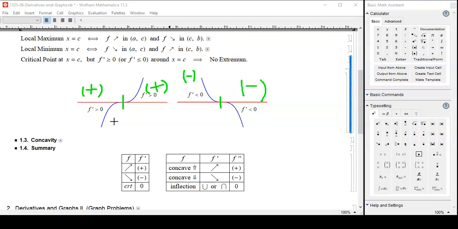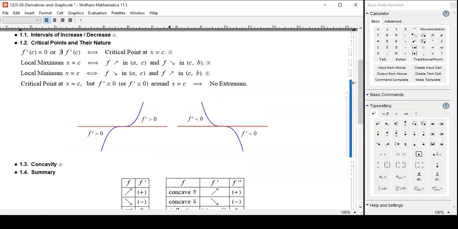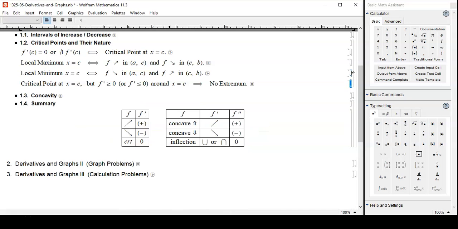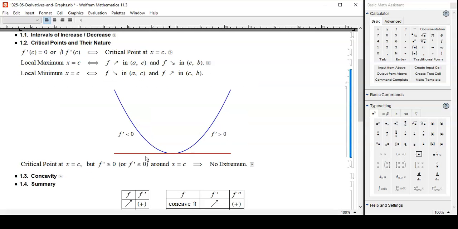So no sign change around the critical point. That's why we have neither maximum nor minimum. Make sense? So there you go. No sign change, plus remaining plus, or minus remaining minus, then neither maximum nor minimum.